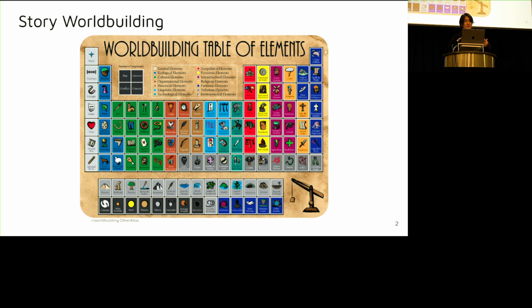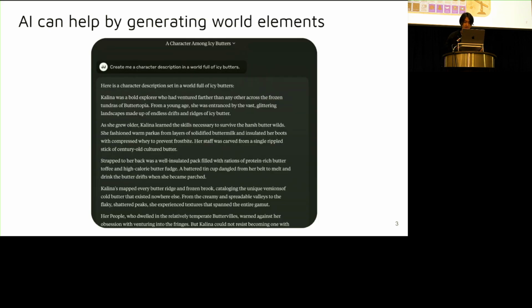But here we're thinking, what if we can make use of generative AI, such as large language models, to help the storyboard building process? Large language models can generate different content by prompting these models. For instance, here is a case of me asking, what if we are thinking of a world that is full of ice butterflies, and then what kind of characters can be included in this world.